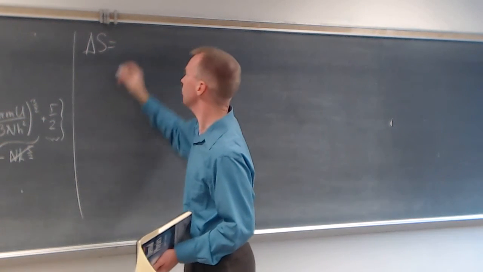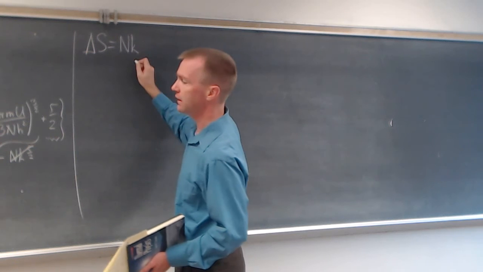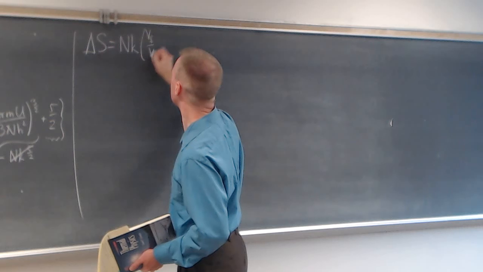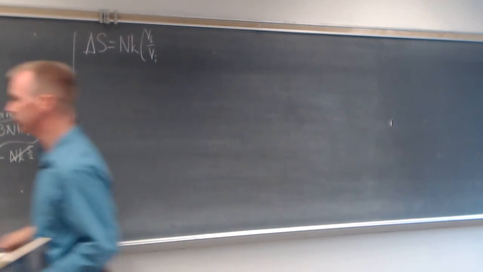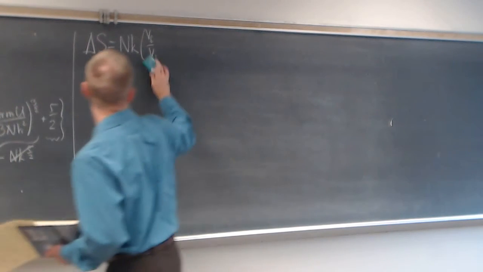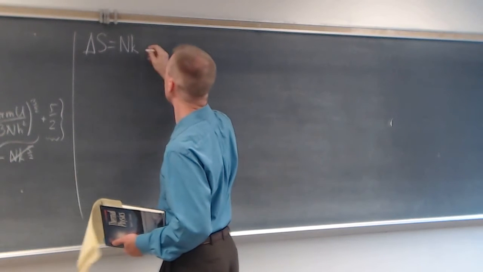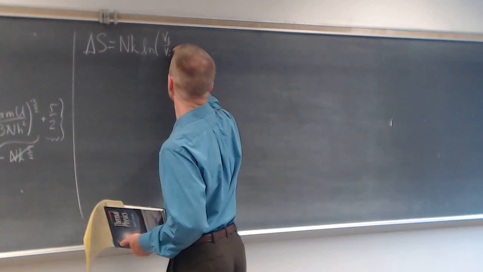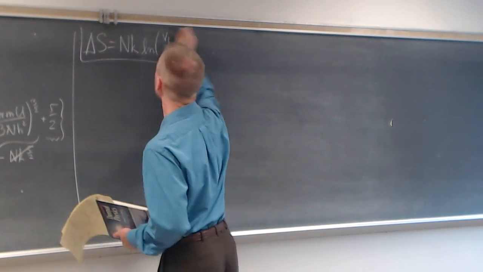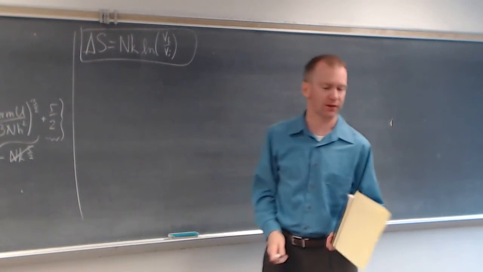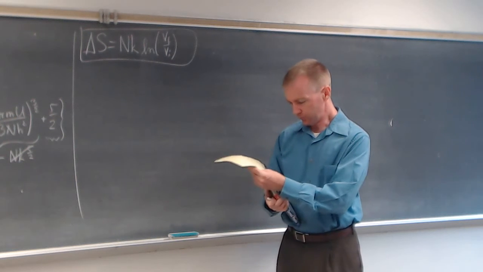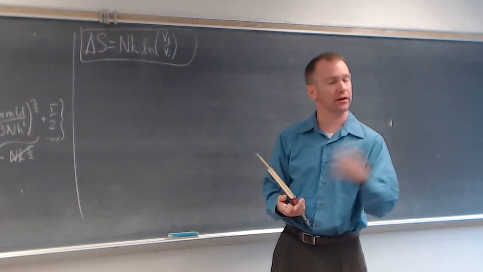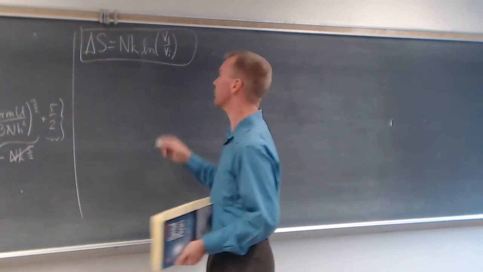So delta S equals nk times the natural log of V final over V initial, when U and N, the energy and the number of particles, are constant.